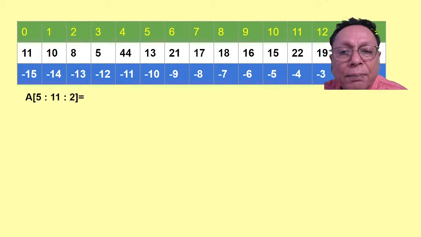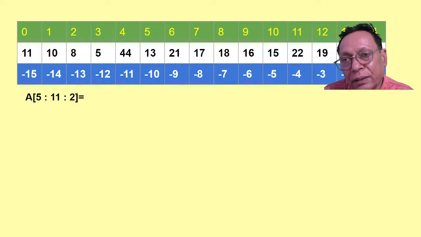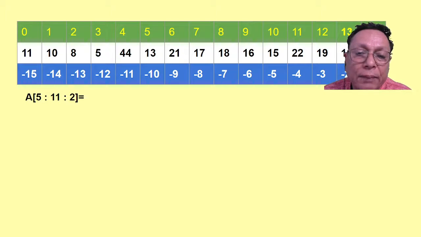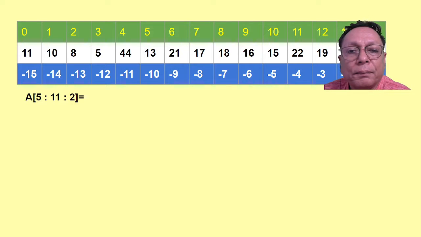Let's take another example where the step value is increased. Previously, the step value was 1 or -1, and this time the step is increased. The gap is bigger. We have the same list, but this time we are going to take out the slice from index 5 to index 11.